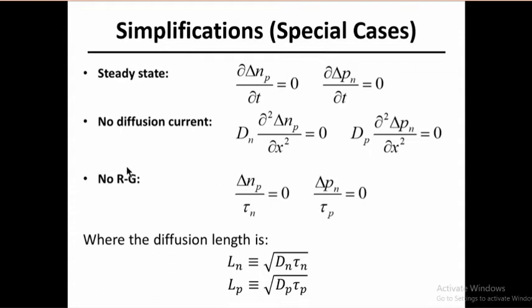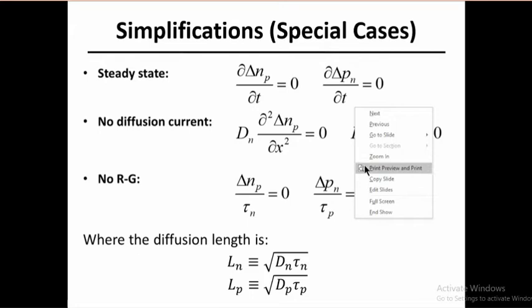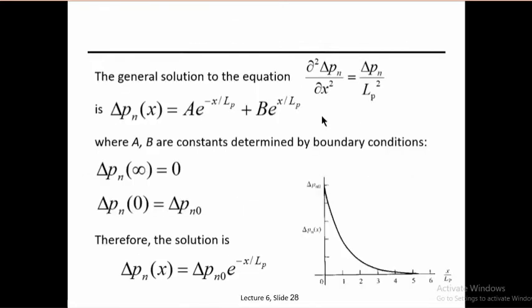If we have no generation recombination, then the loss rate is 0, because the loss rate is due to the generation recombination inside the material. So now we will only take the special case of the steady state in order to see what we can obtain from the current. So the general solution of the equation for steady state becomes this term equal to that term.